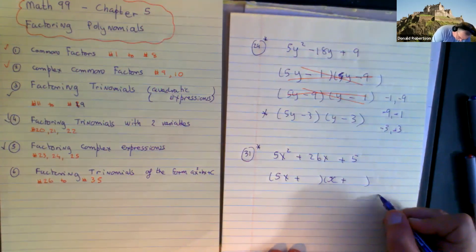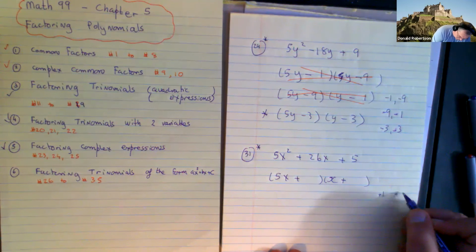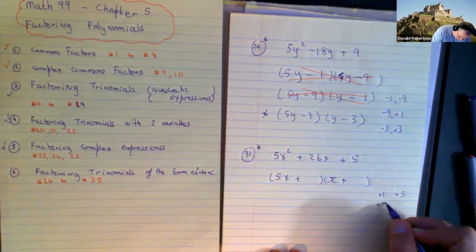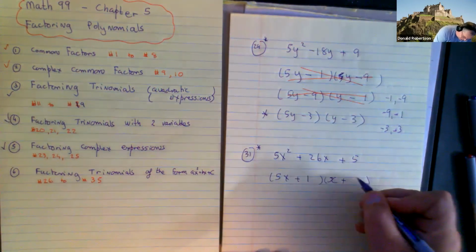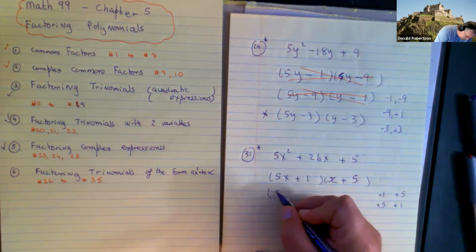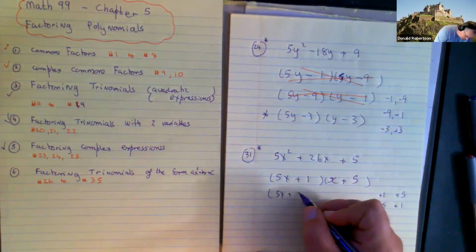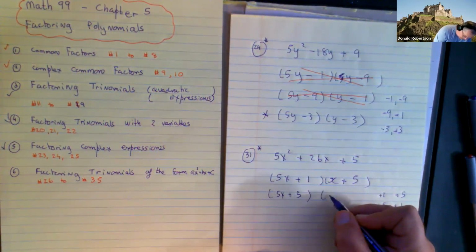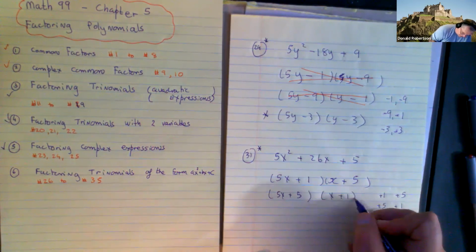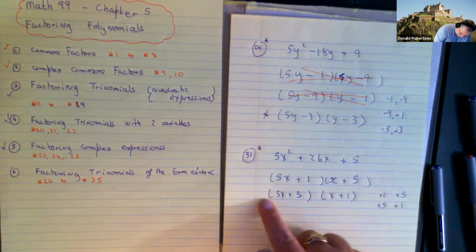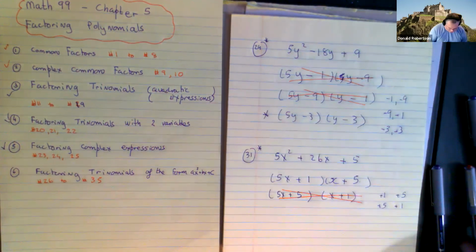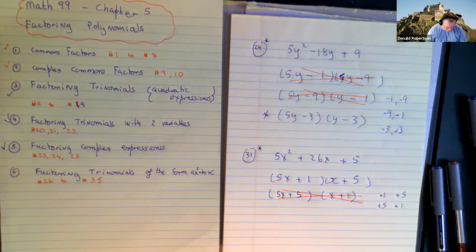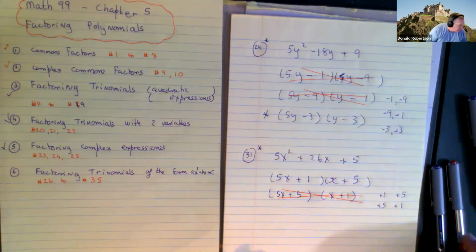So if I go through the combinations of 5, there is 5 and 1, and then you switch the order. So it's either put the 1 here and the 5 there, or you put the 5 there and you put the 1 here. And if you FOIL this one out and then you FOIL that one out, you'll find this one is the only one that works. And so you have your solution.